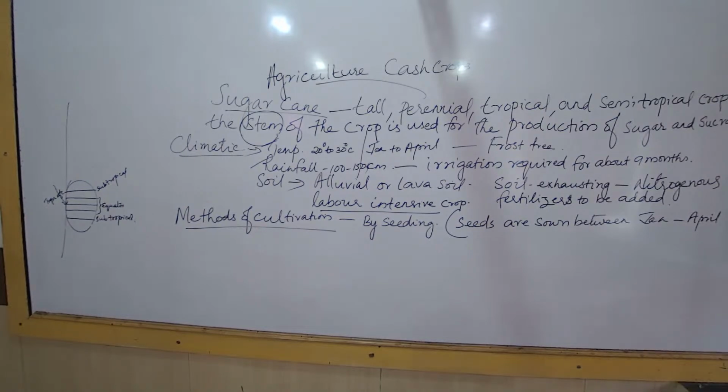So what is that first method? Seeding method. What is seeding? Sowing the seed between January and April. I don't know, have you ever seen that seeding? I haven't seen that. According to me, I have seen that they cut a piece of the stem and plant it.